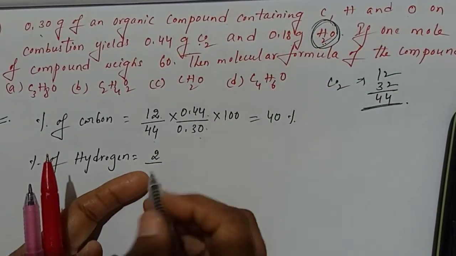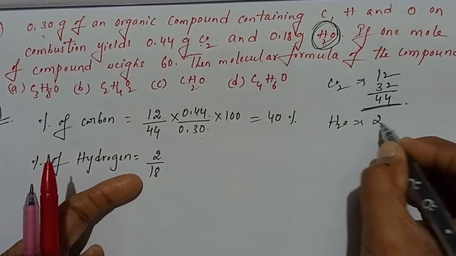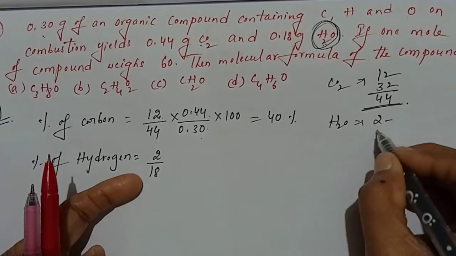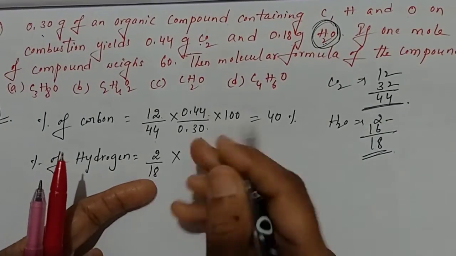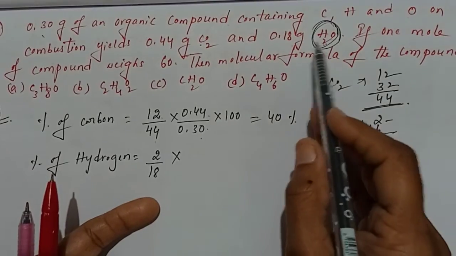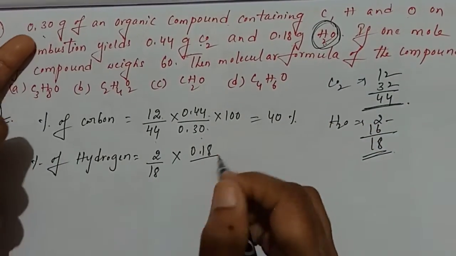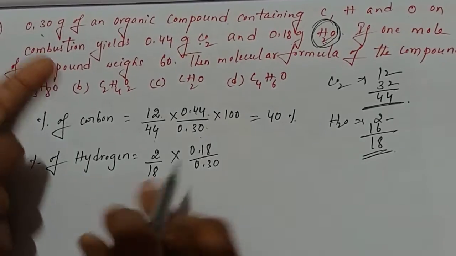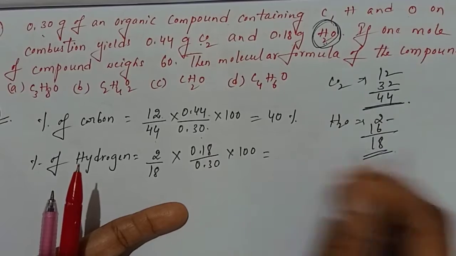Total water molecular mass is how much? 18. H2O means 2 hydrogens, 2, and 1 oxygen, 16, total 18. So 2 by 18 into how much weight is given? Water weight 0.18, total organic compound mass 0.30. You have to multiply like this into 100.